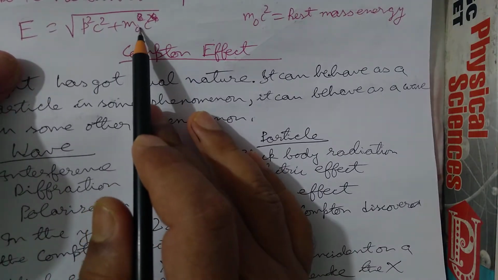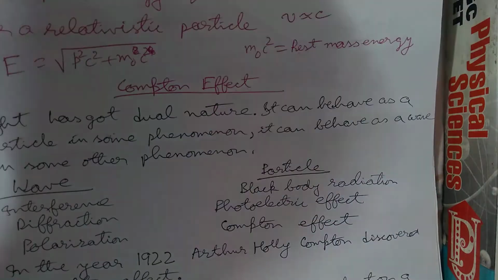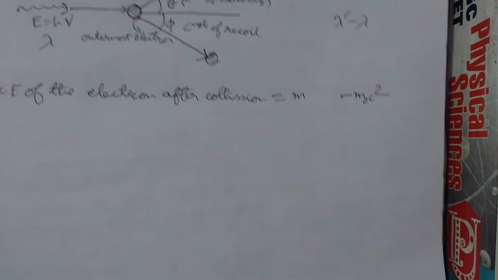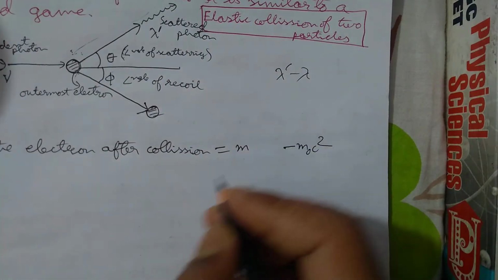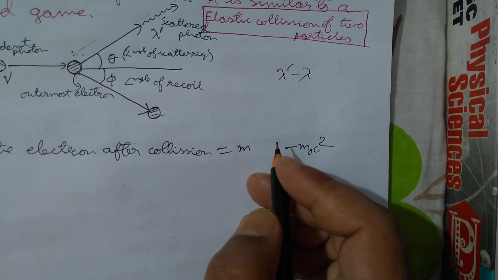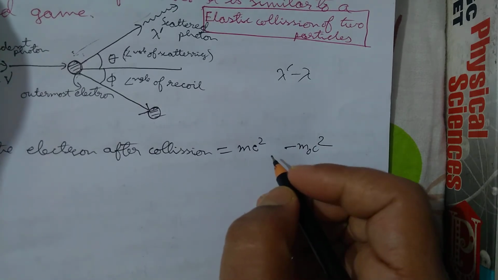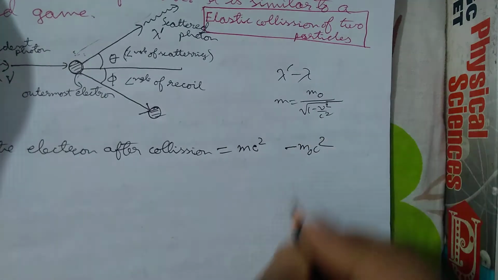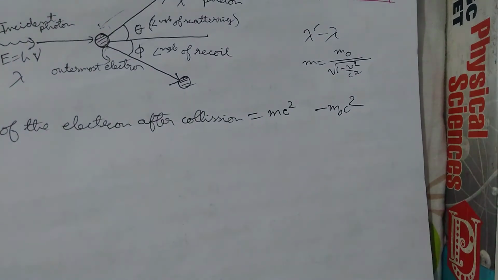The rest mass energy of any particle is m0 c square, where m0 is the rest mass of the electron. I had done this in the last class. After collision, the energy is mc square, where m is equal to m naught by square root of 1 minus v square by c square. So the total kinetic energy after collision is mc square minus m naught c square.